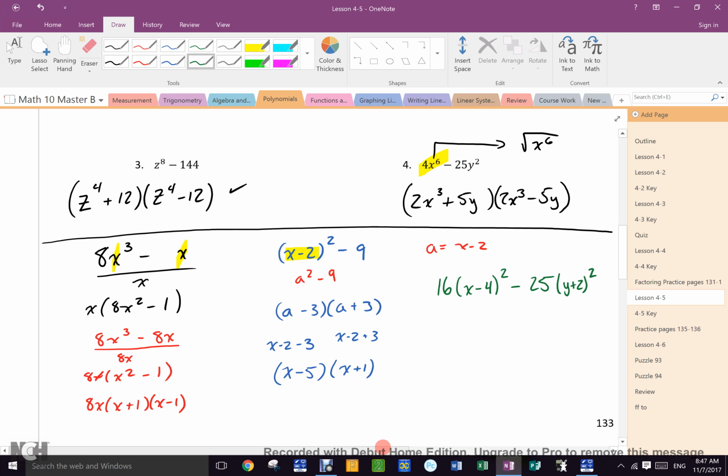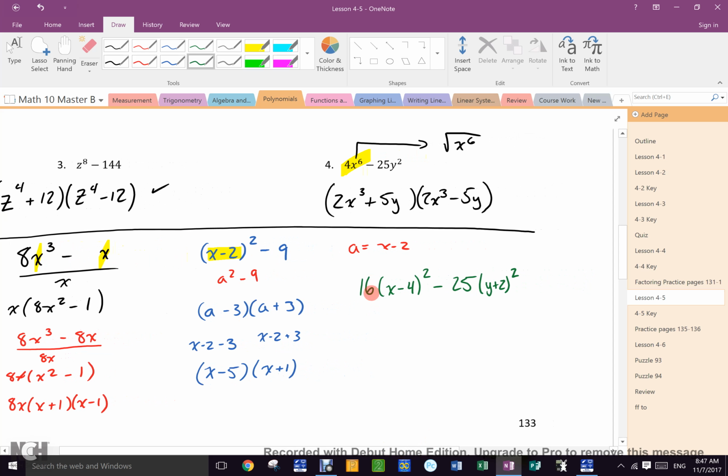Now, on this page, you have all the tools you need to solve that. See if you can. Talk to your neighbor if you need to.